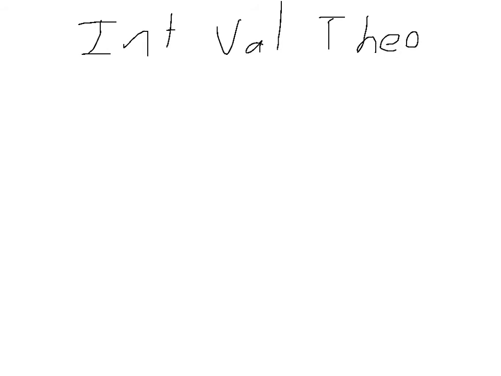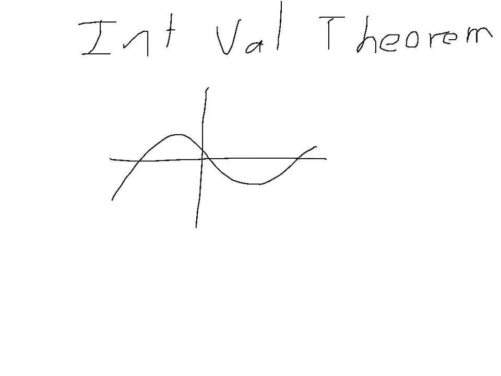Hi, this is Munzie. So the intermediate value theorem pretty much means that on an interval of a function from a to b, there is any c point between the two, so you can pick a c point anywhere.